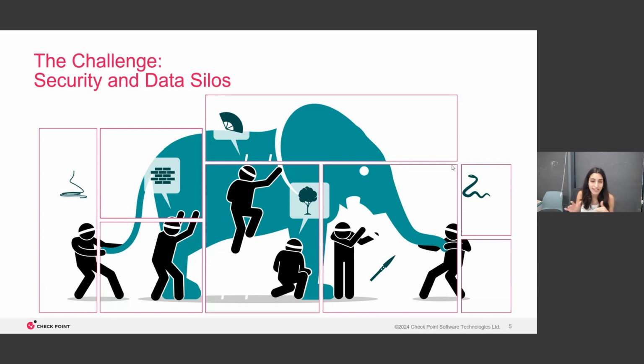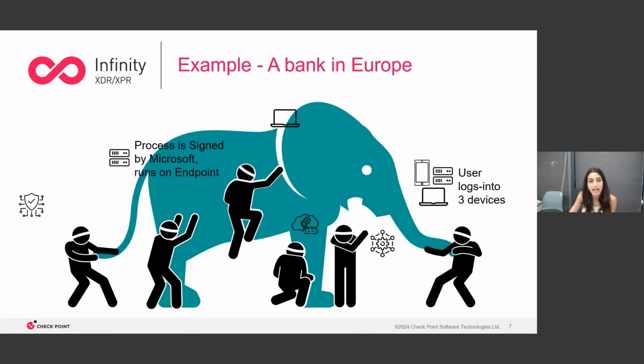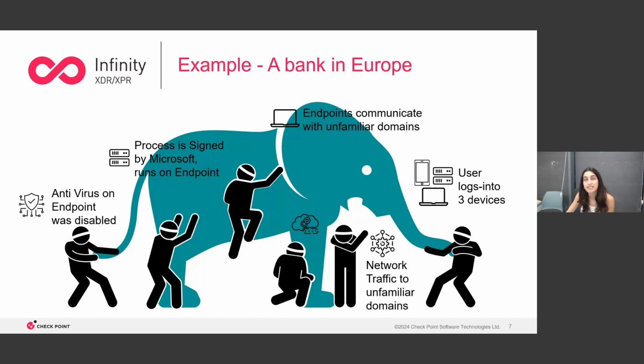So everyone has a different opinion because they're only touching one part of the elephant, right? But if those people had dared to talk among themselves, to share those insights, they probably would have known it's an elephant in front of them. And this is exactly what XDR does, but automatically, using an advanced AI engine that helps detect these.